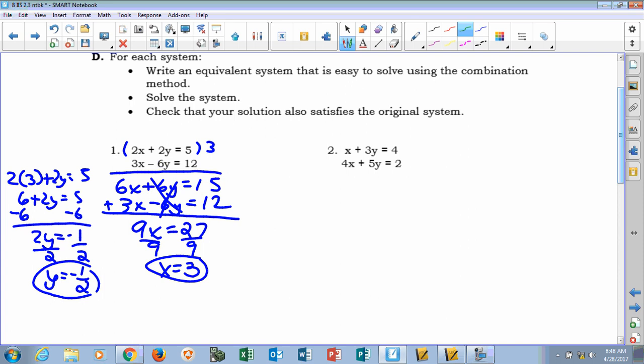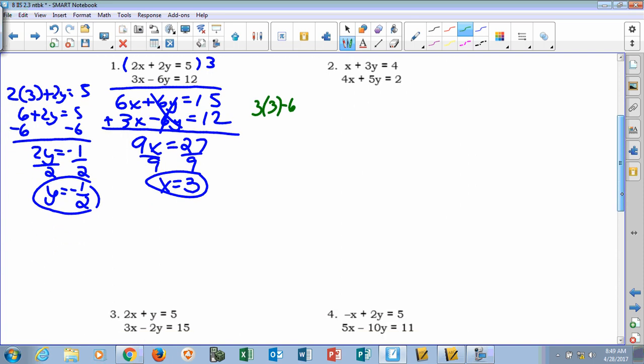So 3 times 3 minus 6 times negative 1/2. I probably should have just gone underneath it, well, I'm running the other problem up here. So 3 times 3 is 9, minus 6 times negative 1/2.